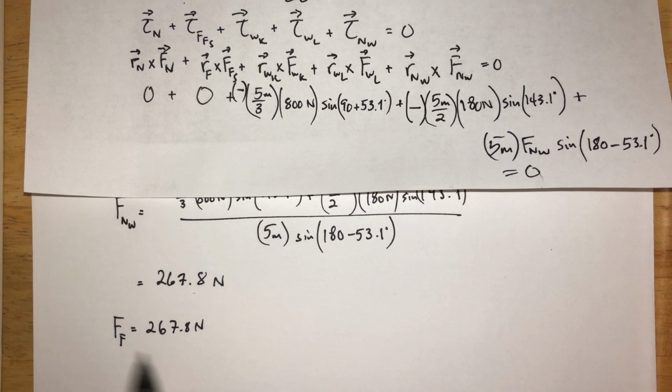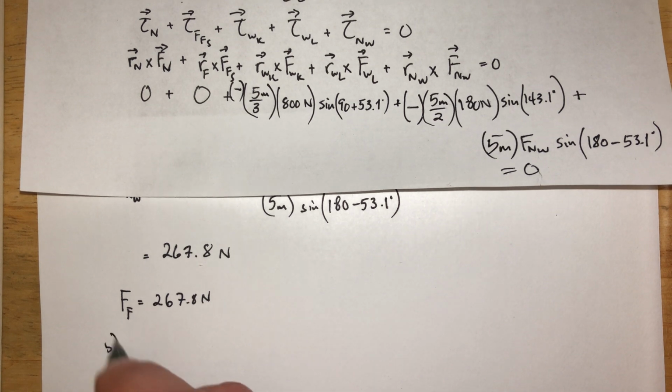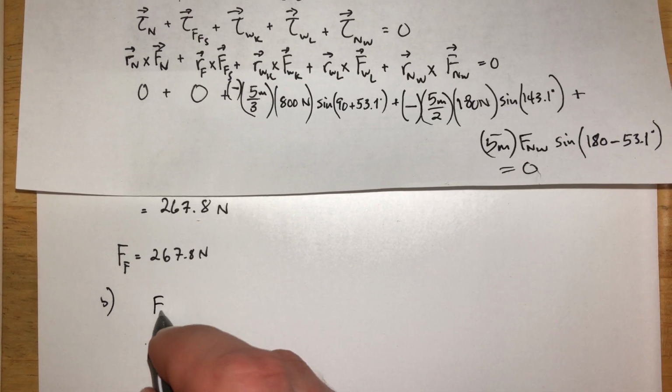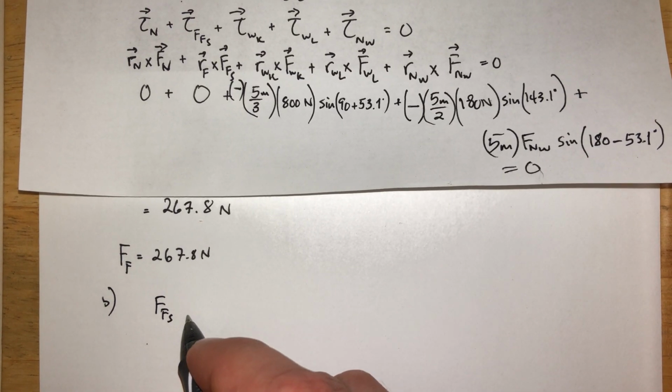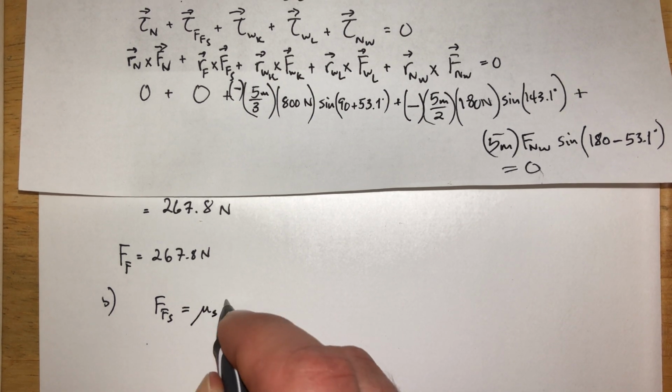Now that we know what the friction force needs to be in order to keep the ladder from slipping, we can relate that to the normal force at the same point and evaluate the coefficient that way. I mean, remember, the force of static friction in the limiting case is equal to mu times the normal force.